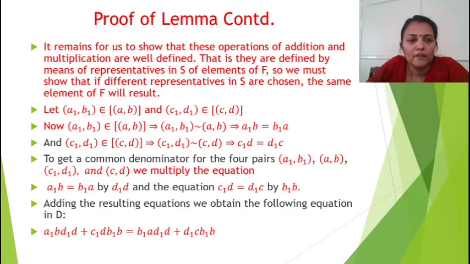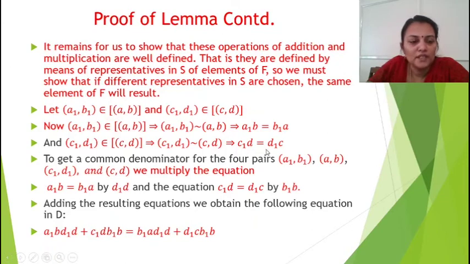Let (a1,b1) be an element of [a,b] and (c1,d1) an element of [c,d]. Now (a1,b1) in [a,b] implies (a1,b1) is equivalent to (a,b), which implies a1b = b1a, and (c1,d1) in [c,d] implies (c1,d1) is equivalent to (c,d), which implies c1d = d1c.